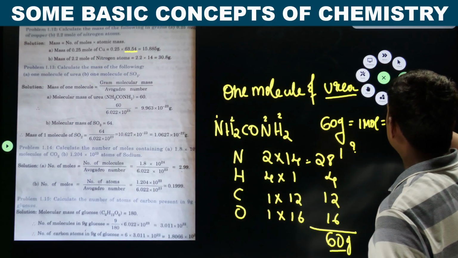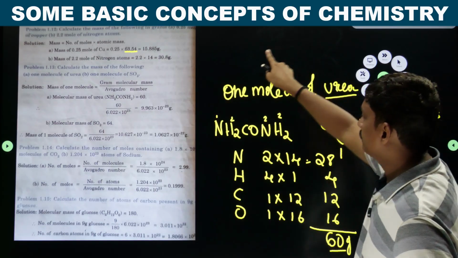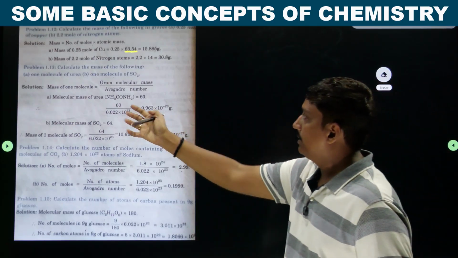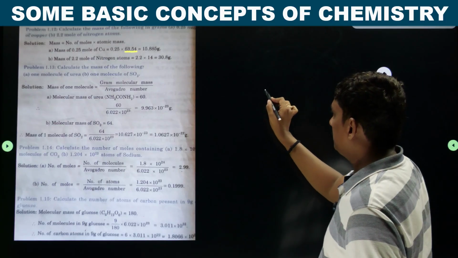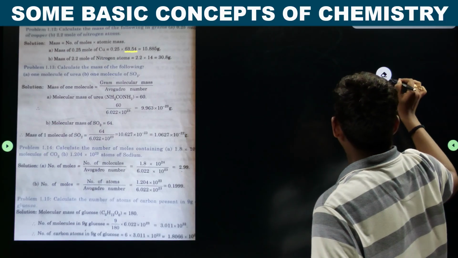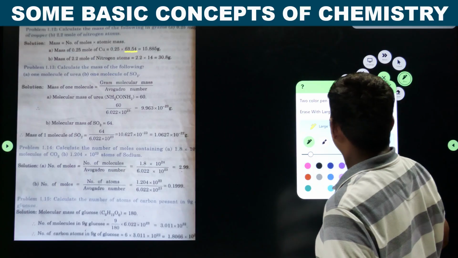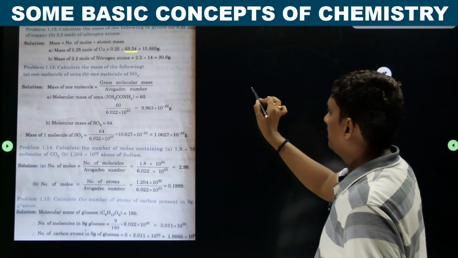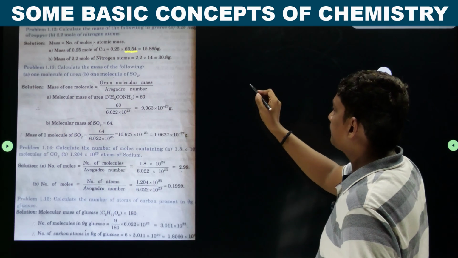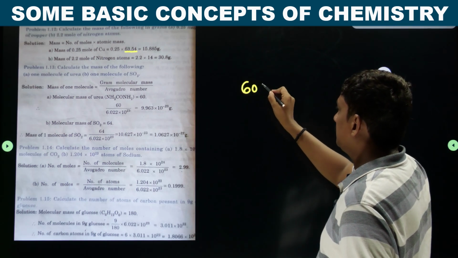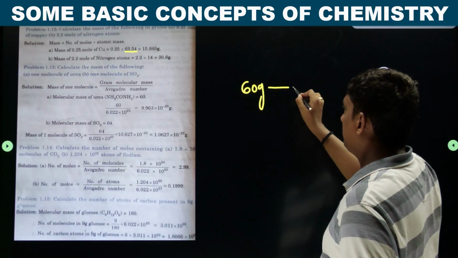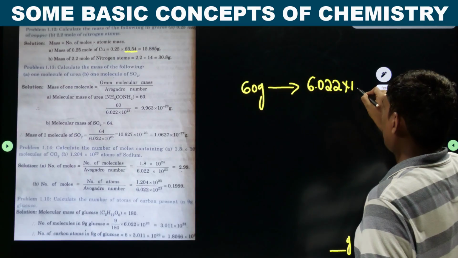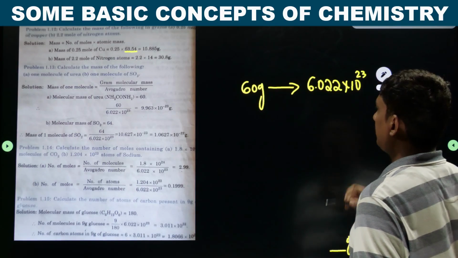Now see, cross multiply. 60 grams corresponds to 6.022 into 10 to the power 23 molecules.